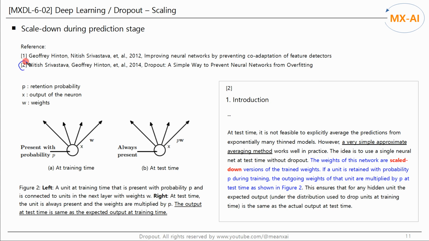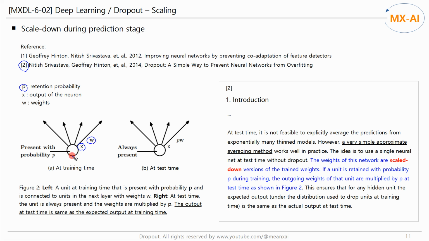The paper proposing dropout explains scale down as follows. P is the retention probability. X is the output of the neuron. And W are weights.